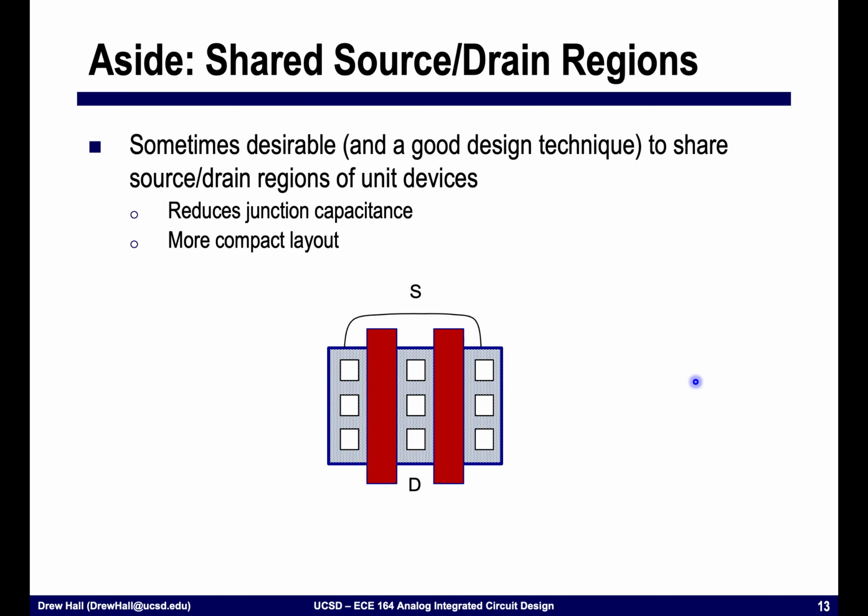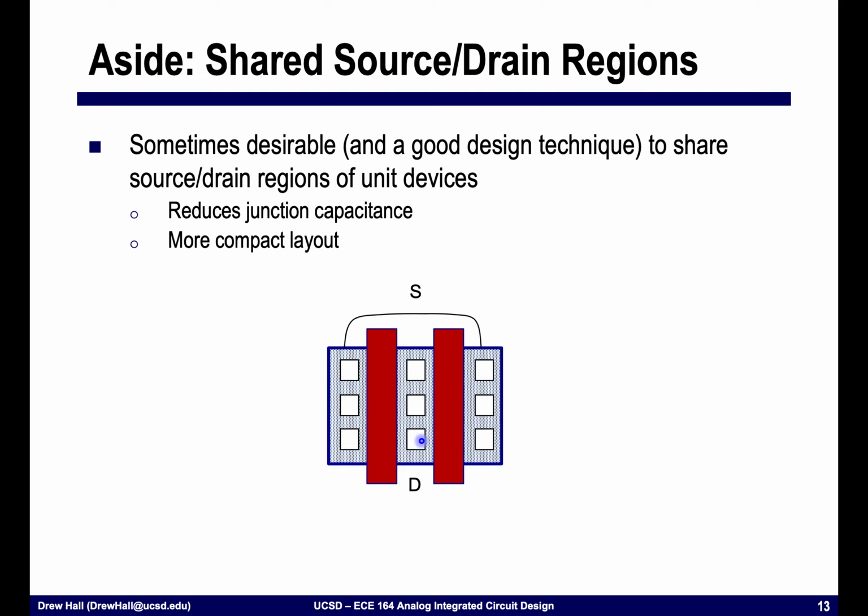All right, so a further optimization that you'll often see when you actually do the layout of this is that if we're going to start to use multiple devices, we can merge them together. And merging them together has a few advantages. First and foremost, it results in a more compact layout. But more importantly, and the reason why it's frequently used, is that it reduces some of the capacitance that we'll see. So instead of having 2 drains, we'll merge the drains together, and this will allow us to have less junction capacitance on the drain node.